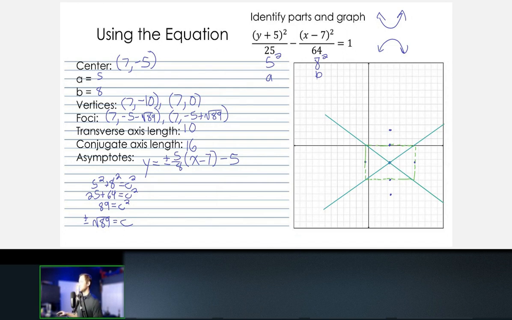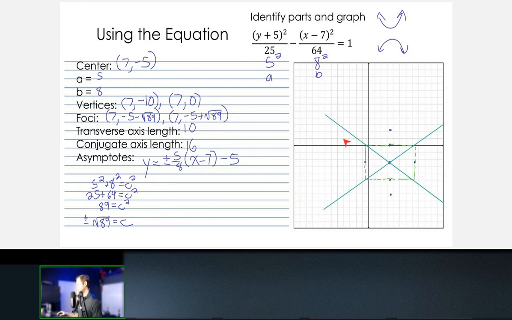All right, so there's my two asymptote lines. And this is why we do the box. It saves us a lot of trouble because we can easily draw these two lines by using that grid. All right, next, now it's time to actually graph the hyperbola.